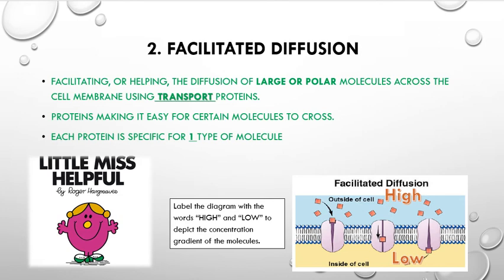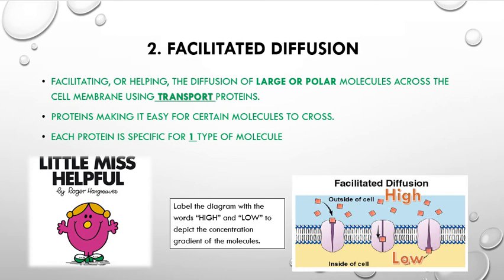A protein channel or a carrier protein. Just as we colored them in our diagram the other day, we have proteins that are embedded within the fluid mosaic model for the sole purpose of assisting things across, or for cell-to-cell signaling if we're talking about a glycoprotein.